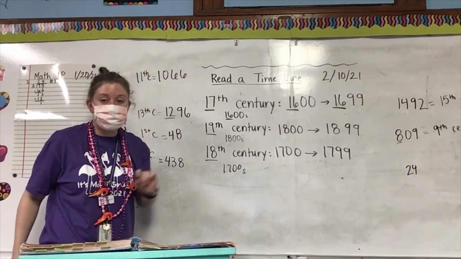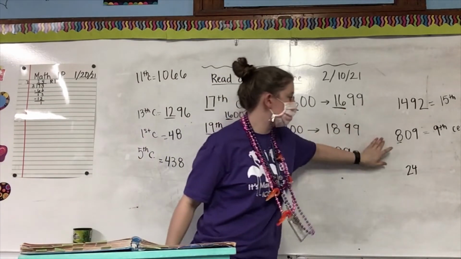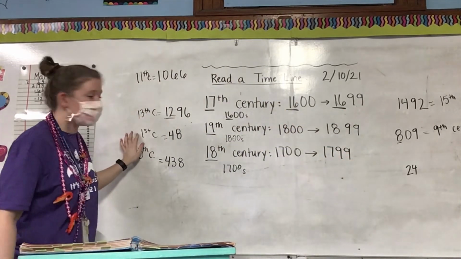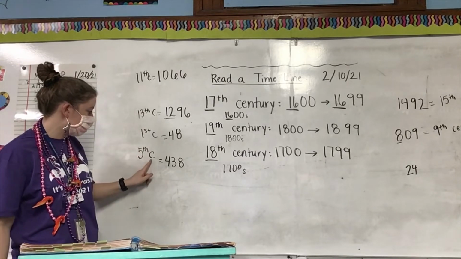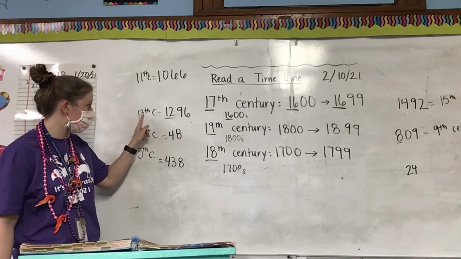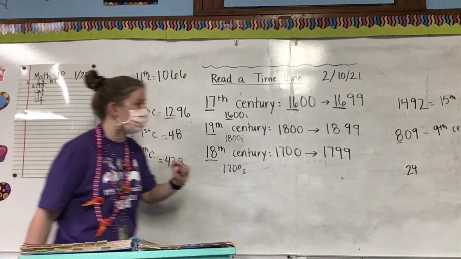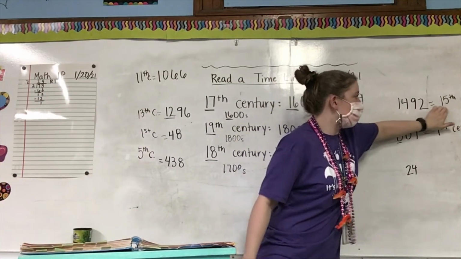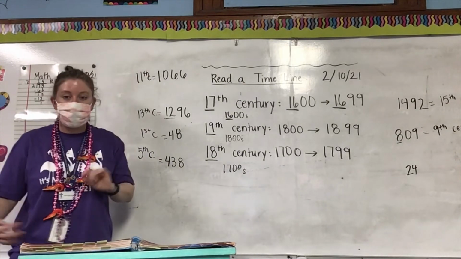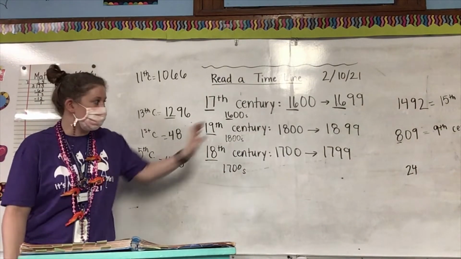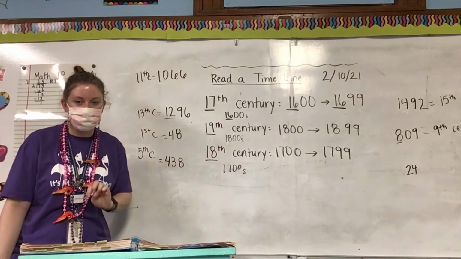You would have noticed that when I was asking 1, 2, 3, 4, 5, 6 questions, every single time we said blank century, blank century, blank century. So that means I was looking for an answer that was blank century. The only time we talked about this was back here.